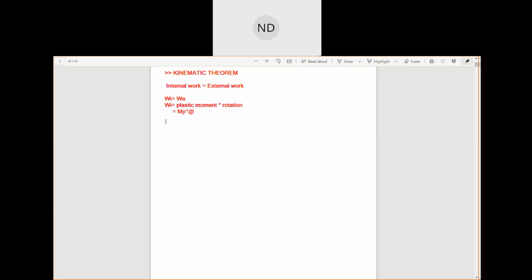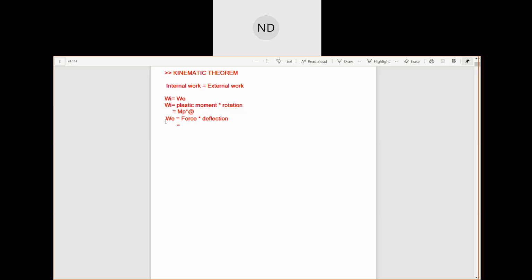Now again, W I is equal to W E, that is, the internal work is equal to the external work. Now what is your external work, W E? It is given by force into deflection. Note these things down, in case the internet connection goes.